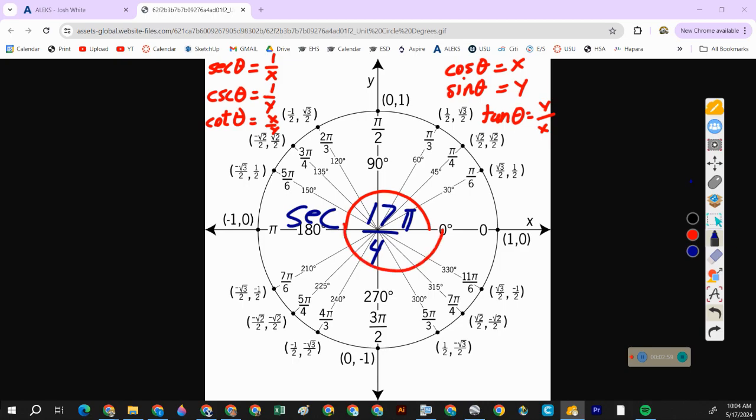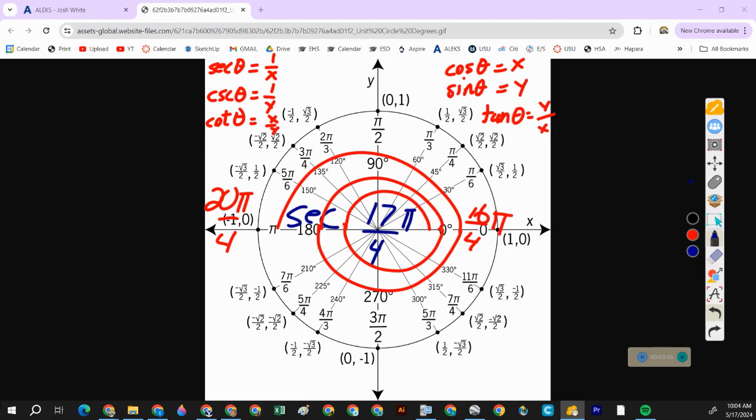And then this would be 8 over 4. And then 12 over 4. 16 over 4. And then this one is going to be 20 pi over 4. So where is 17? It's going to be right here.